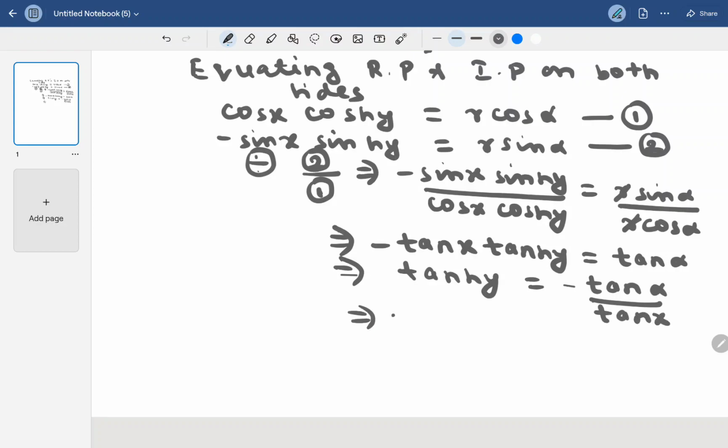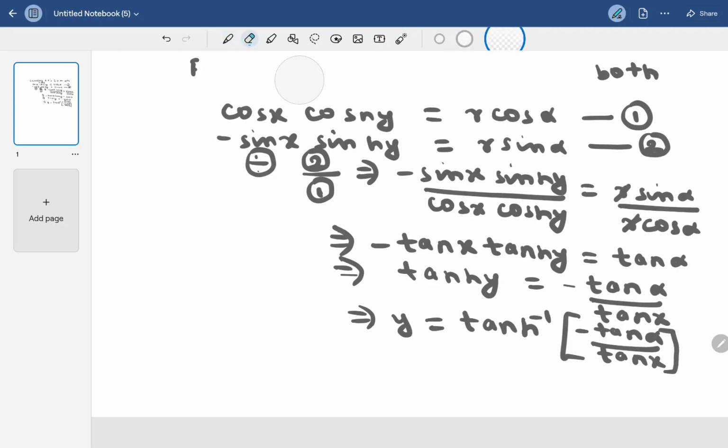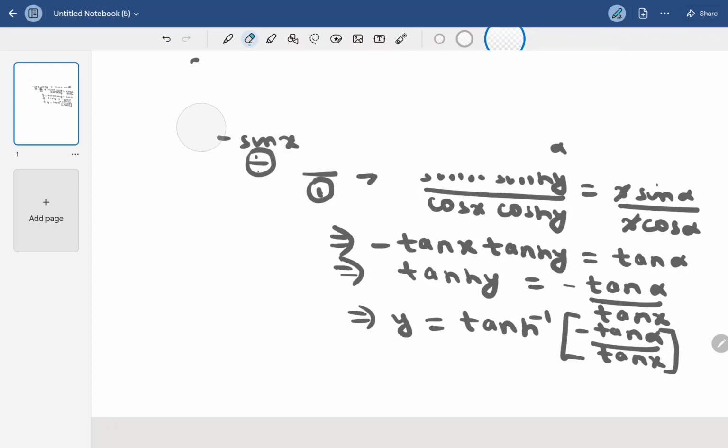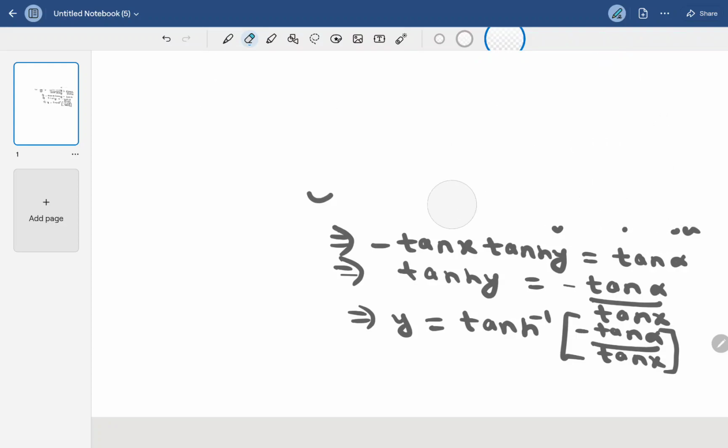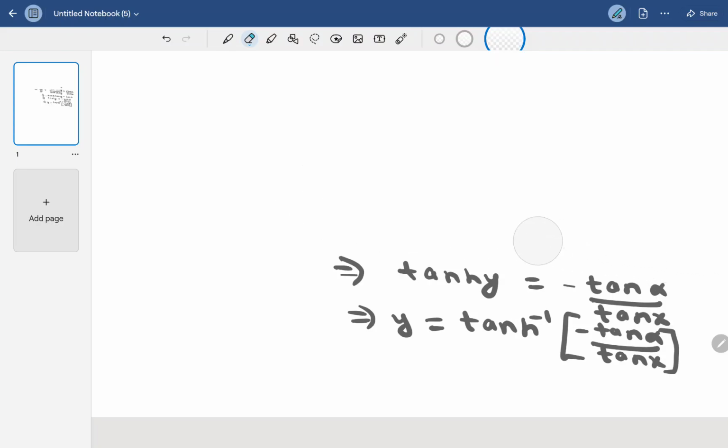Again it can be written as y equal to tanh inverse of minus tan alpha by tan x. From the inverse hyperbolic function for tan, we have one result. Already that result was proved in my video on my YouTube channel.